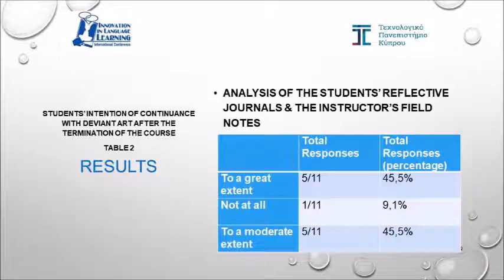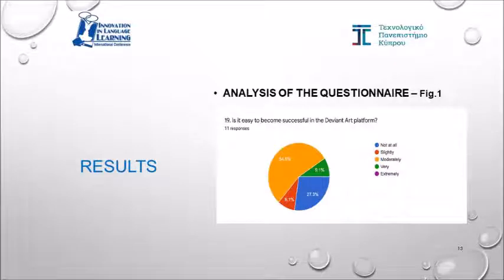Or, I would like to find more time to get to know it because it's very useful, but I have other priorities now and DeviantArt takes time. So we can see here that their reluctance could be about the time, the restrictions that the platform poses. And one student, again, maintained a negative intention.